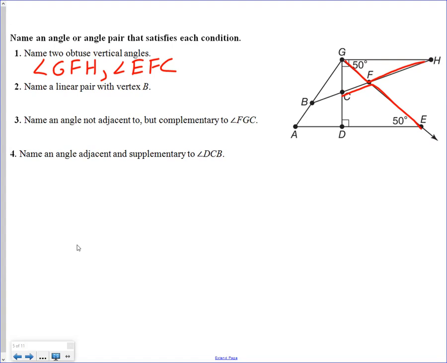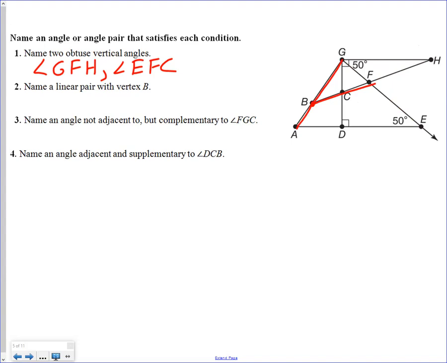I don't need to erase that. I need to erase this. Linear pair with vertex at B. So we go to B, right? And we need a linear pair.